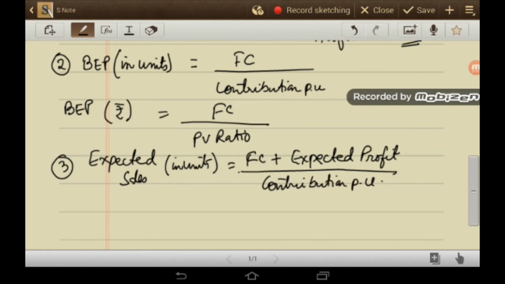And expected sales in rupees is equal to fixed cost plus expected profit by PV ratio.